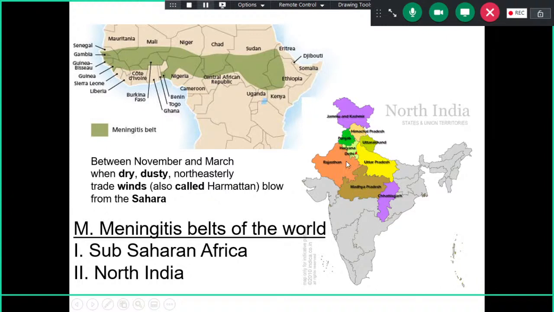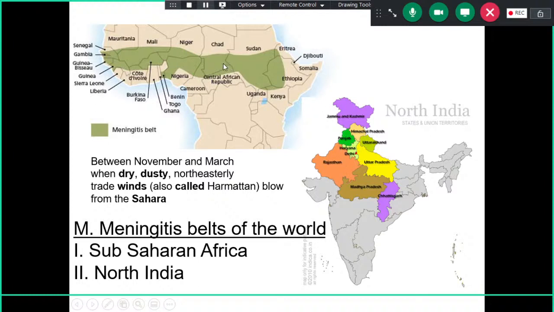If you want to compare with another meningitis belt, that is in the sub-Saharan countries. During the months of November to March, a dry, dusty wind carrying dust from the Sahara is generated, just like the loo in northern India.